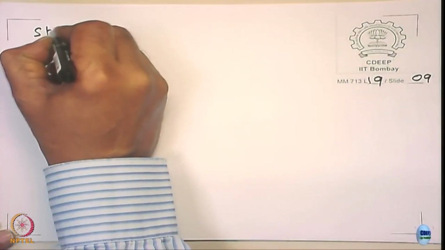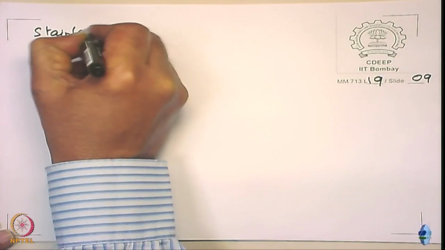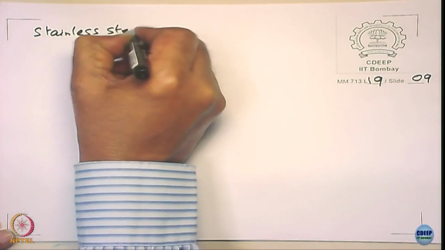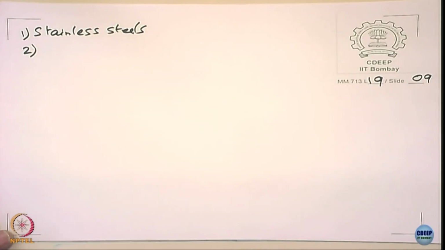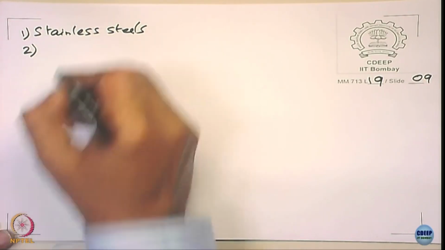What are the metals you know of which are passivating in a wide range of environments? Yeah, stainless steels. Then aluminum.